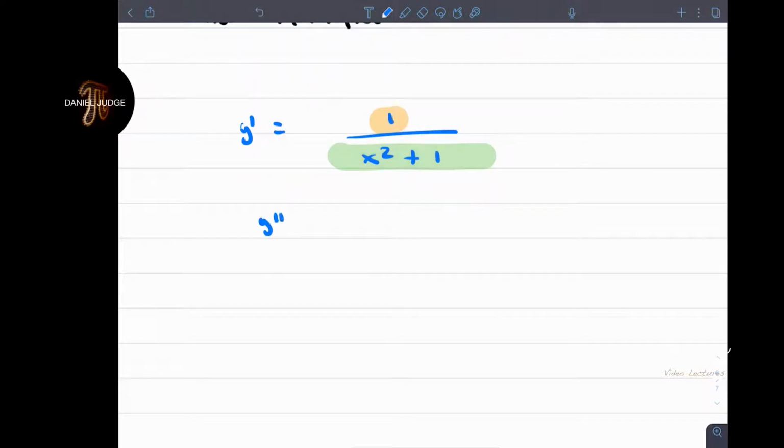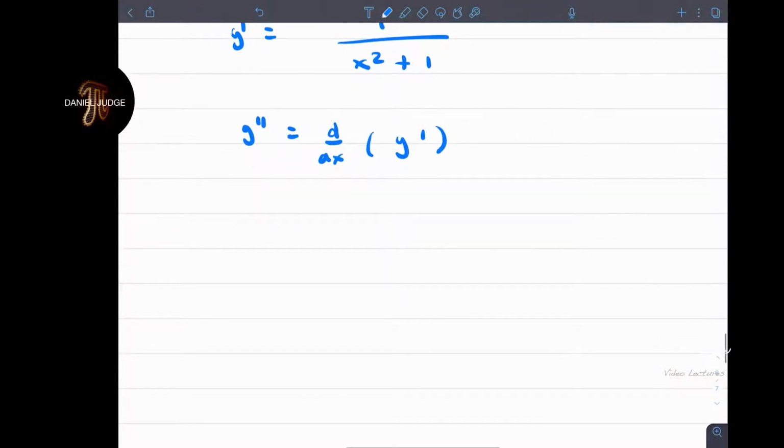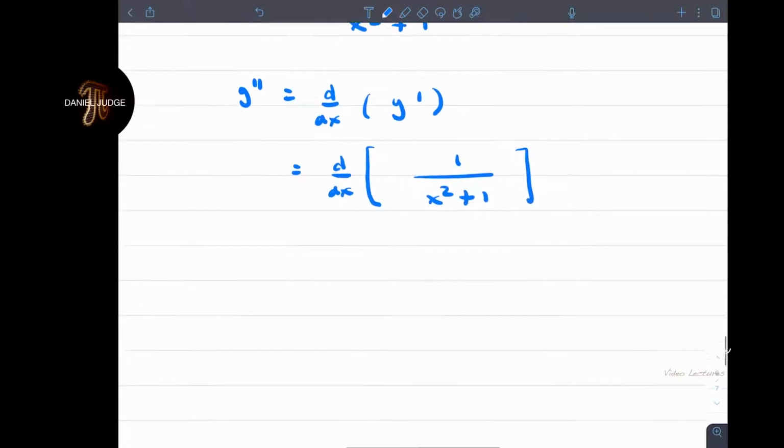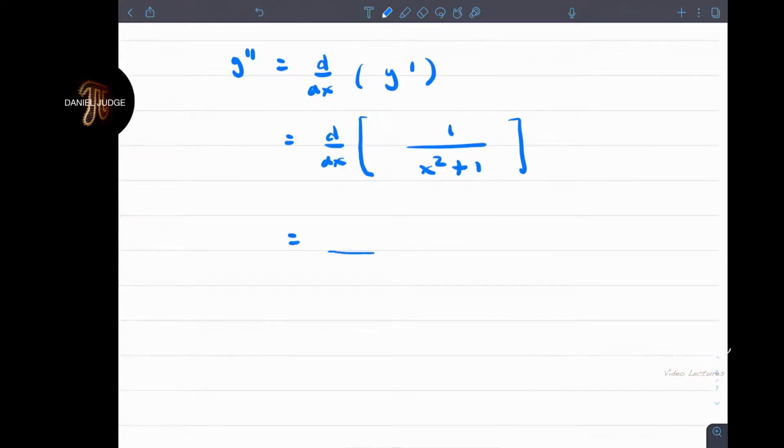Now, y double prime here, if we say let's find what y double prime is. The second derivative here is the derivative on the first derivative. So you can use quotient rule again.